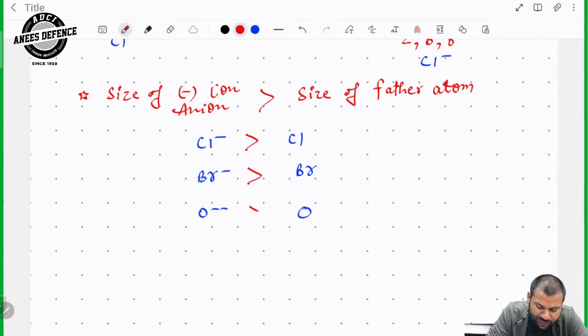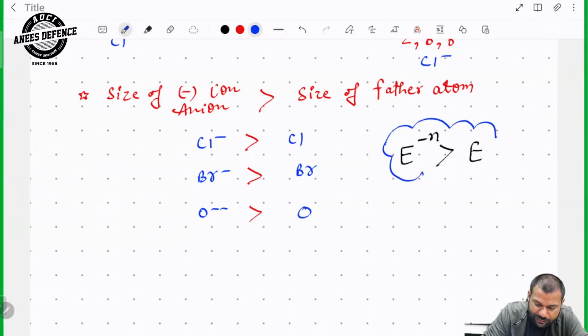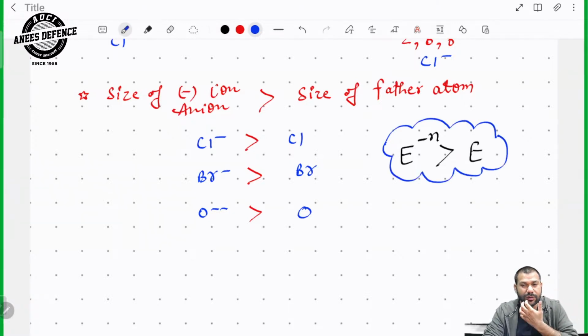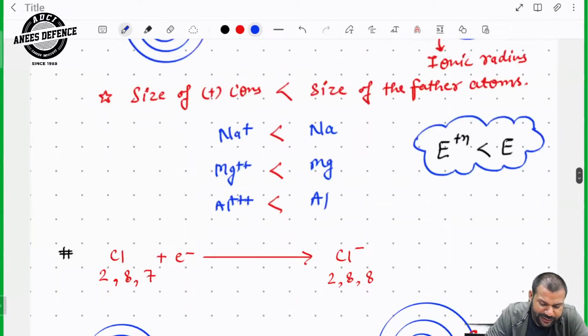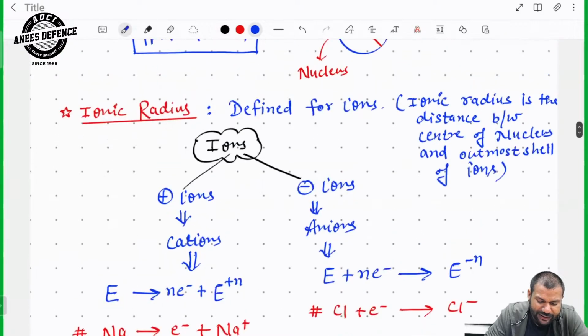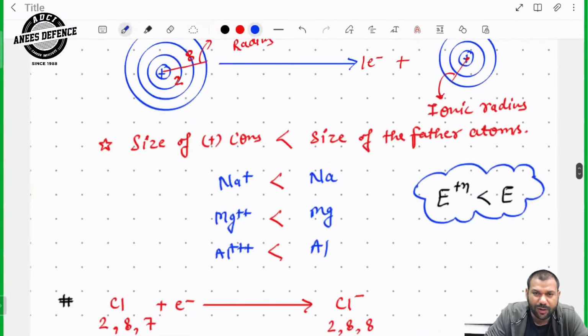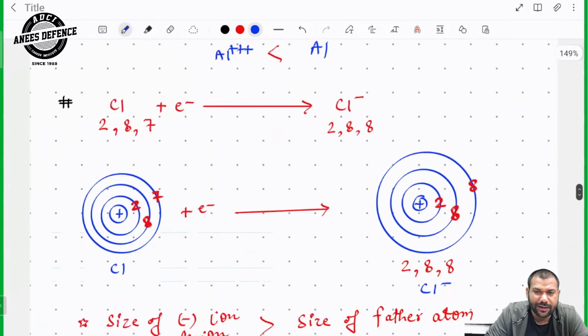And the size of O minus minus will be greater than the size of O. So the general trend is that an ion with a negative charge will have greater size than its parent atom. Understood? This was the discussion about ionic radius or ionic size, and here we have discussed positive ions and negative ions, right?